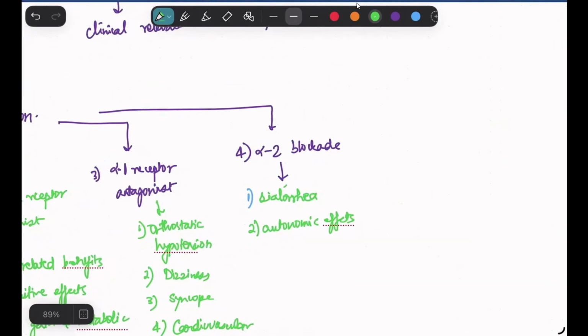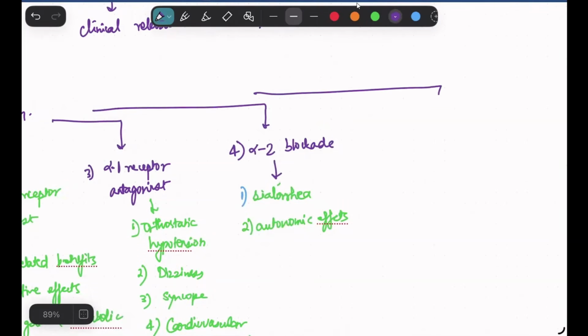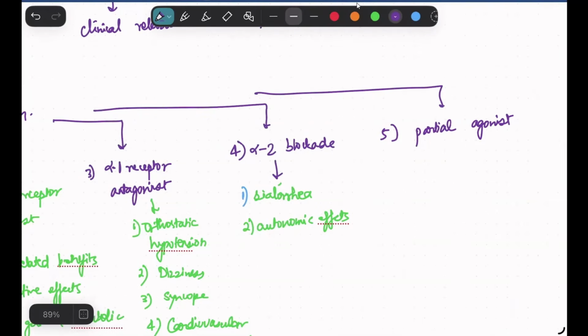Now the fifth important receptor on which clozapine acts, and this is actually important, is that it acts as a partial agonist. Till now, we were studying all about antagonism: antagonist at D2, 5-HT2A, 5-HT2C, H1, alpha 1, alpha 2. Now here comes the first agonist action of clozapine, which is partial agonism at 5-HT1A.